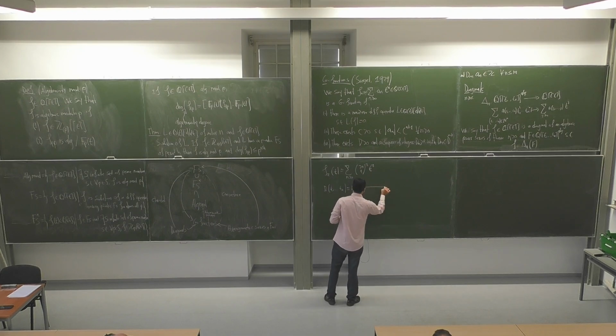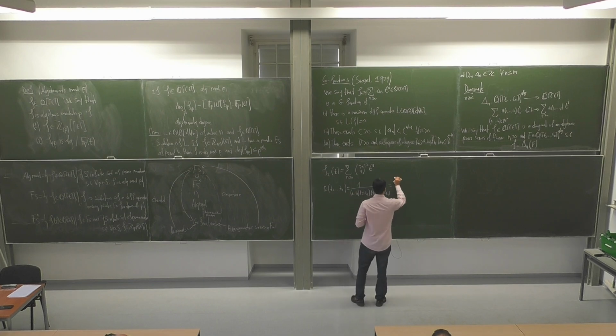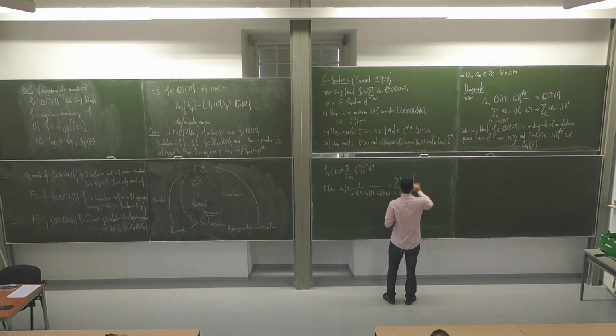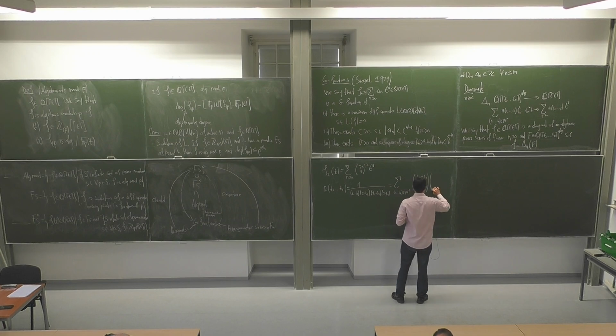1 over 1 minus t, 1 minus ... that is equal to A1 to A4, the binomial of A1 plus A2, times A3 plus A4, A3.